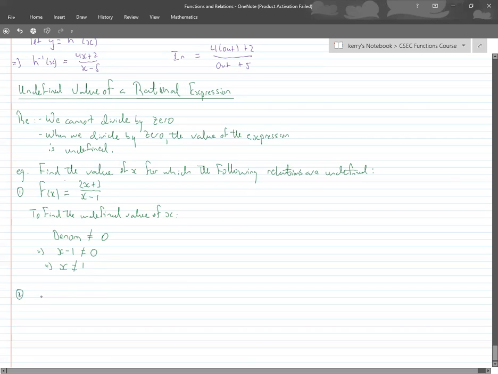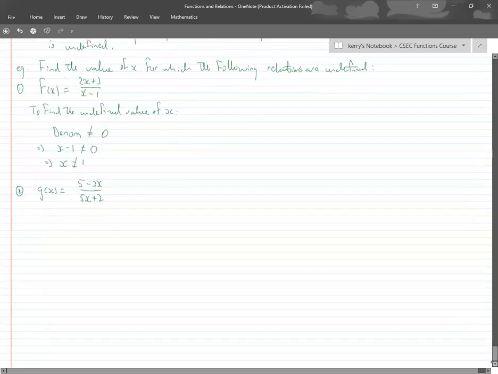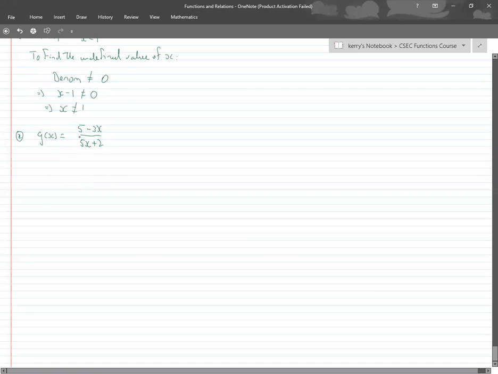All right, let's go again. Let's say we have another relation. We can't say it's a function; we don't know for sure. Another relation where we have 5 minus 3x over 5x plus 2. We want to find the value of x which will make the denominator 0.